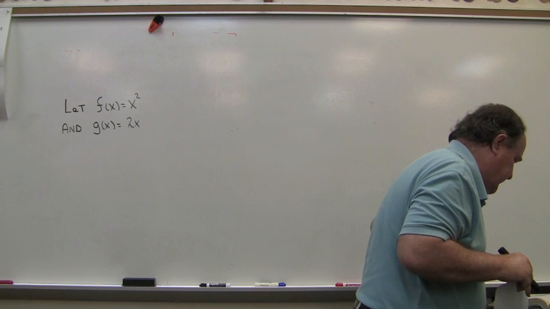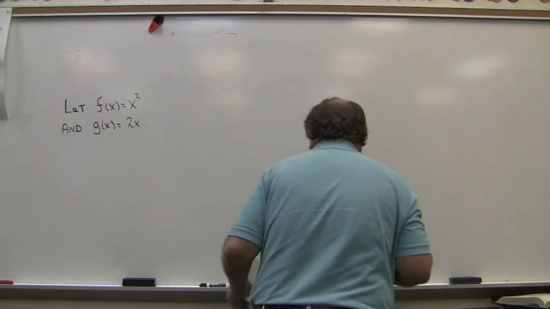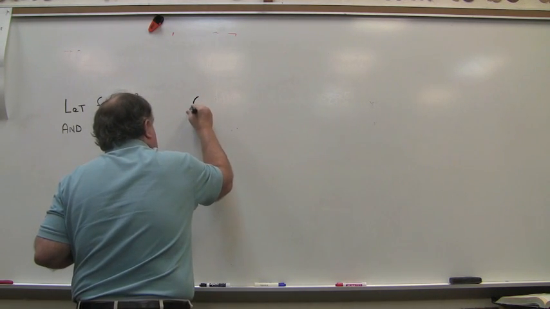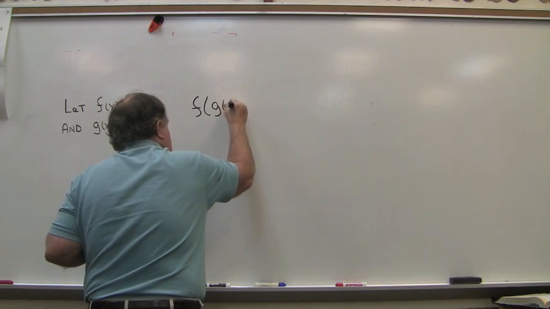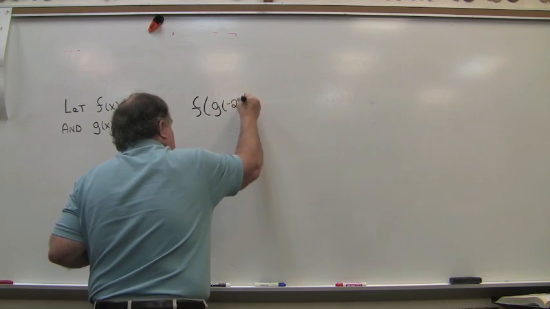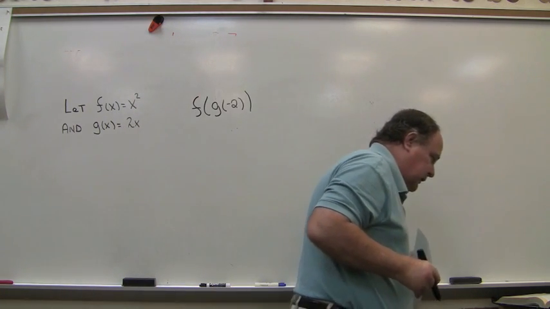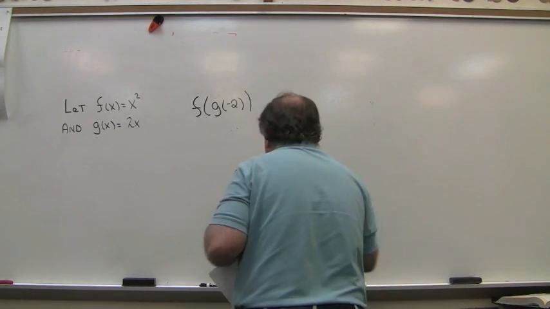Let's do this one: f of g of negative 2. We're going to have F, and then in here g of negative 2.